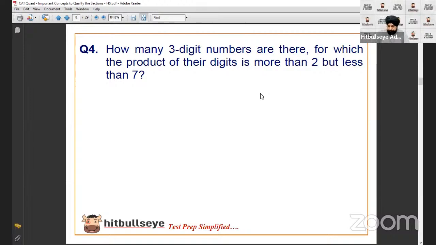More than 2, but less than 7. Try this process-oriented question, people.